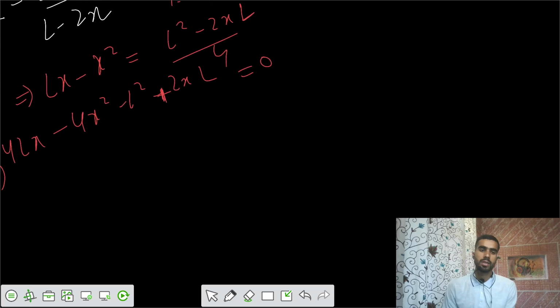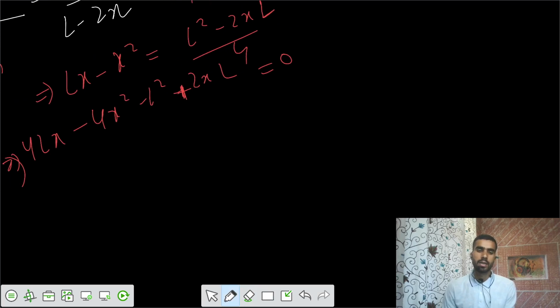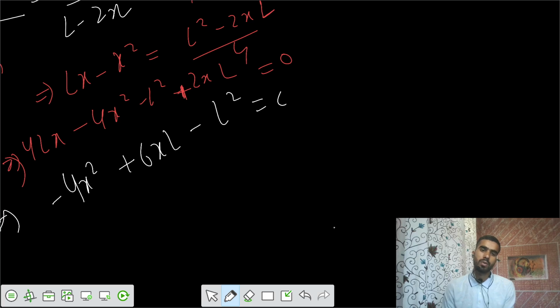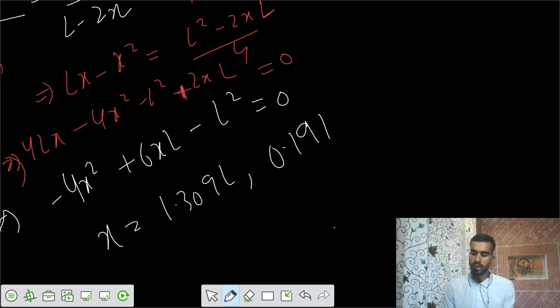Now you solve this quadratic. So you get 4x square plus 6xL minus L square equals 0. So your value of x equals 1.309L and the next value 0.191L.